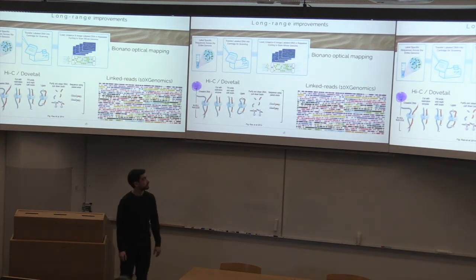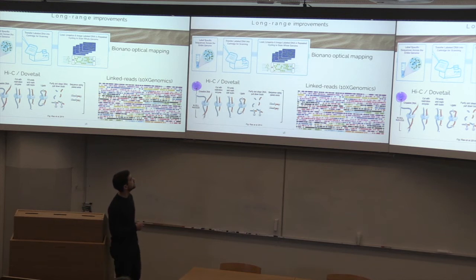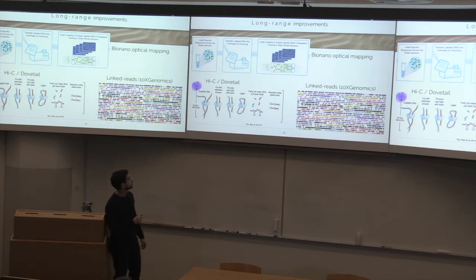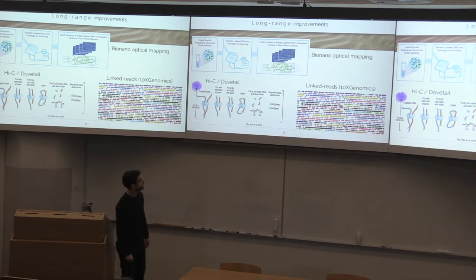What I would find more interesting nowadays is all these types of technology for long-range improvement of assemblies. So I've listed only 3 of them. One is Bionano optical mapping techniques. The other one is Hi-C and Dovetail, which are somewhat similar in spirit. And finally, the third one would be linked reads, which is known also as 10x Genomics, for a company that does it.